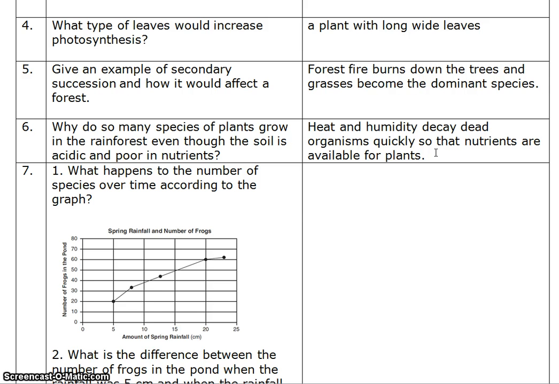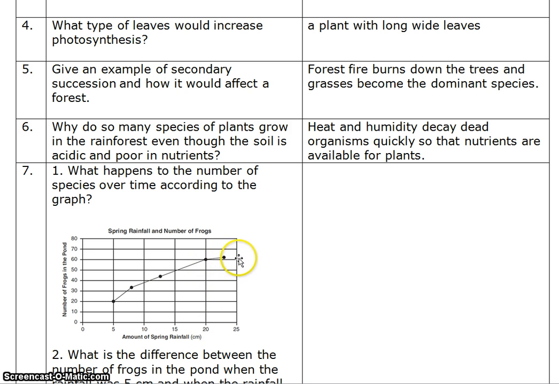Okay, number 7, there are 2 questions. If you look at this chart, it says spring rainfall and the number of frogs. There's the number of frogs in the pond and the amount of rainfall in centimeters. It says, what happens to the number of frogs over time according to the graph? Well, you can see here it goes up, it's increasing, and then once it hits about 20, it's not increasing as much.